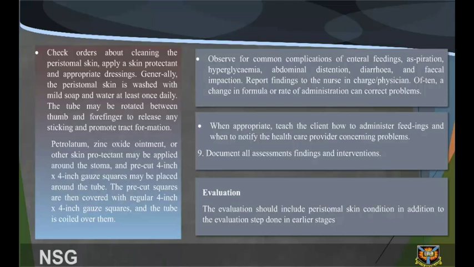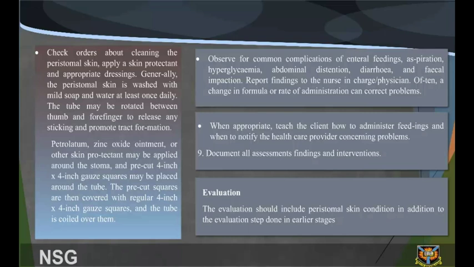Observe for common complications of enteral feedings: aspiration, hyperglycemia, abdominal distension, diarrhea, and fecal impaction. Report findings to the nurse in charge or physician. Often, a change in formula or rate of administration can correct problems.